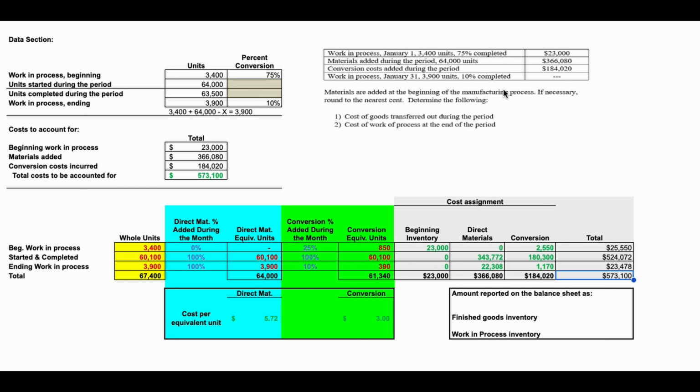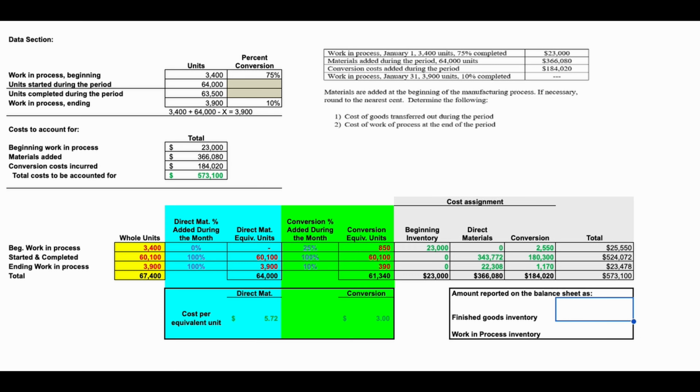Now we can figure out the last two parts of this problem. What we have in our finished goods inventory and what we have in our work in process inventory. Now again, visualize this manufacturing process. Anything that was already on our production line is going to be completed before any of the units that were started this month. So our finished goods inventory would consist both of our beginning work in process plus the units that were started and completed this period.